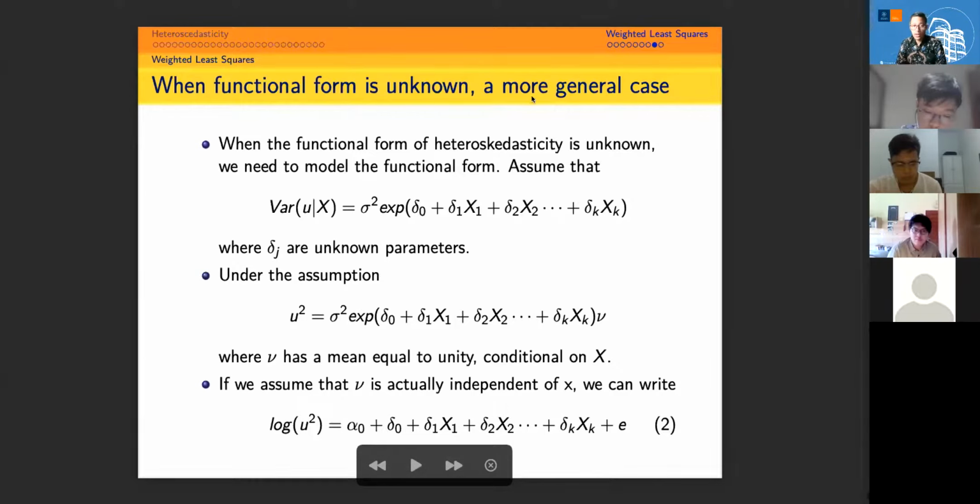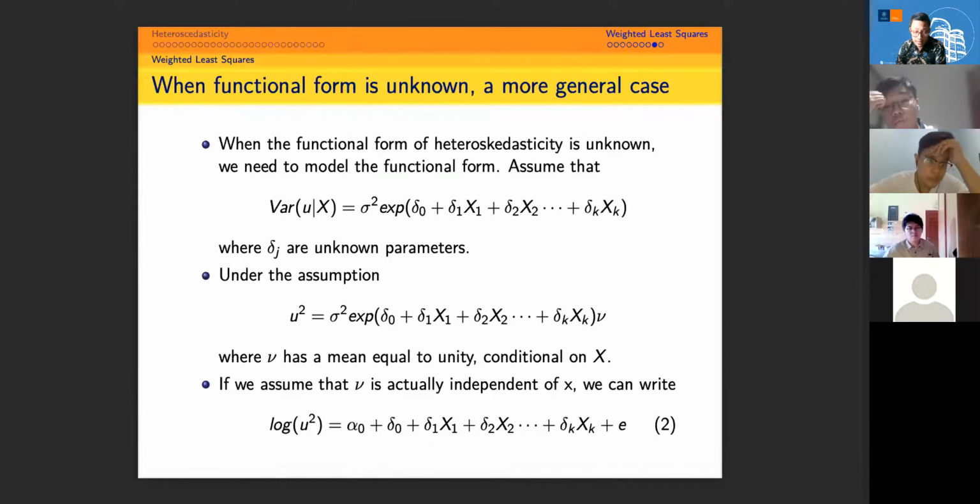So now when the functional form of heteroskedasticity is unknown, we're going to model the functional form. Let's assume that the h function is an exponential function of x1, x2, x3, and so on until xk.